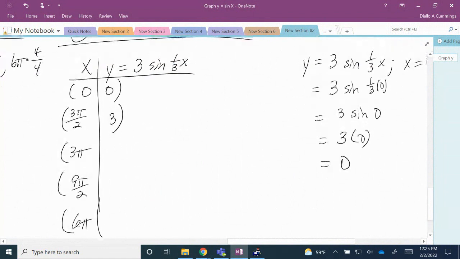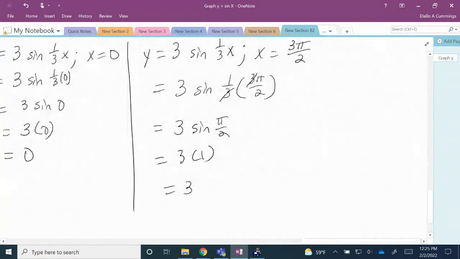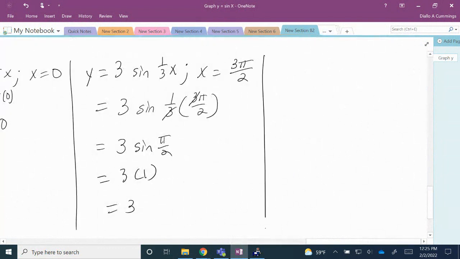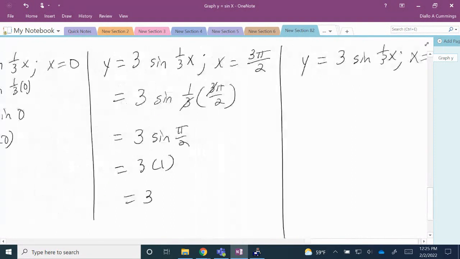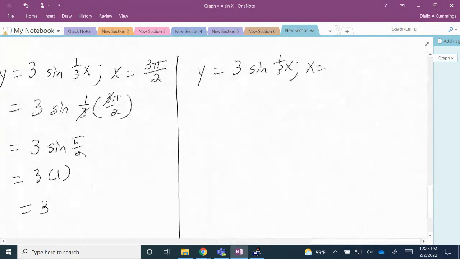Next, we're going to substitute x for 3 pi. So y is equal to 3 times the sine of 1/3 x, and we substitute x for 3 pi.